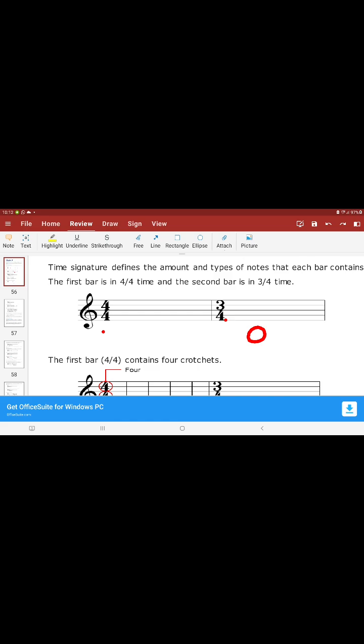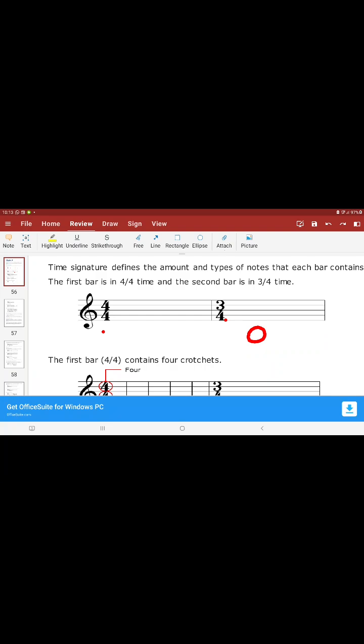Remember we have the breve, the semibreve, and the minim. So the double note is called breve. This whole note is called semibreve, and then we have what we call the minim.